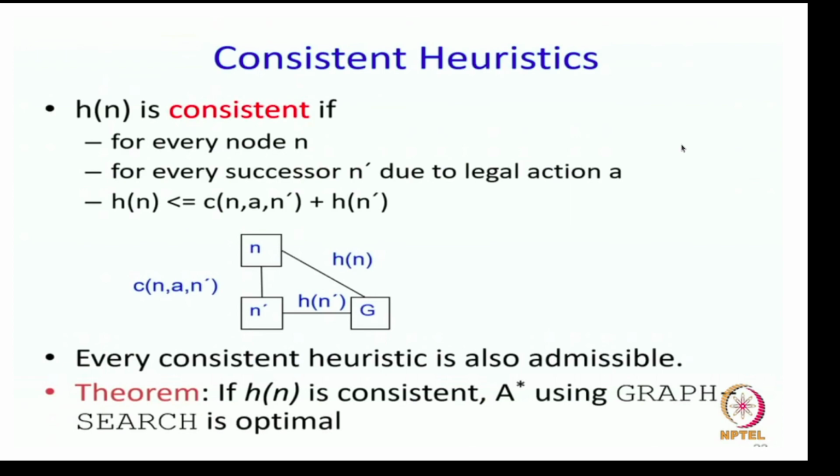Then no, it is contradicting reality. I said it is going to take only 150, but it is saying 200. It is overestimating. So this is not going to be an admissible heuristic. The admissible heuristic definition says that whatever estimation it is doing for a node to reach the goal node, it is always less than or equivalent to the optimal one.